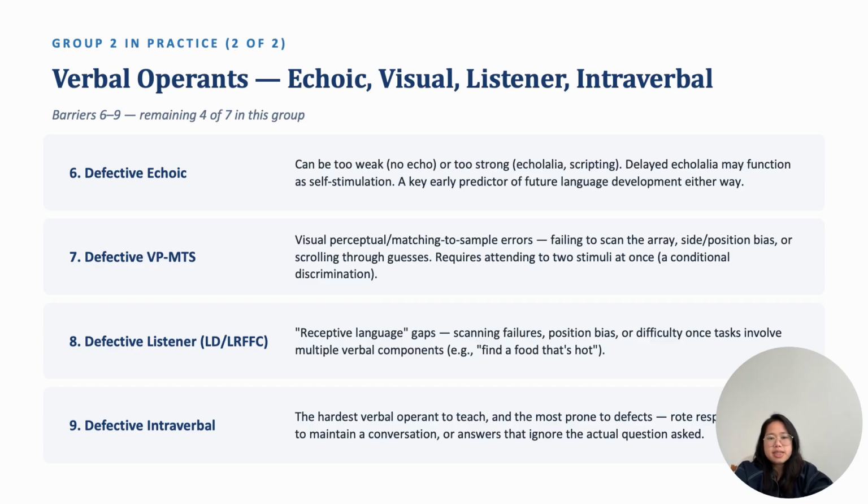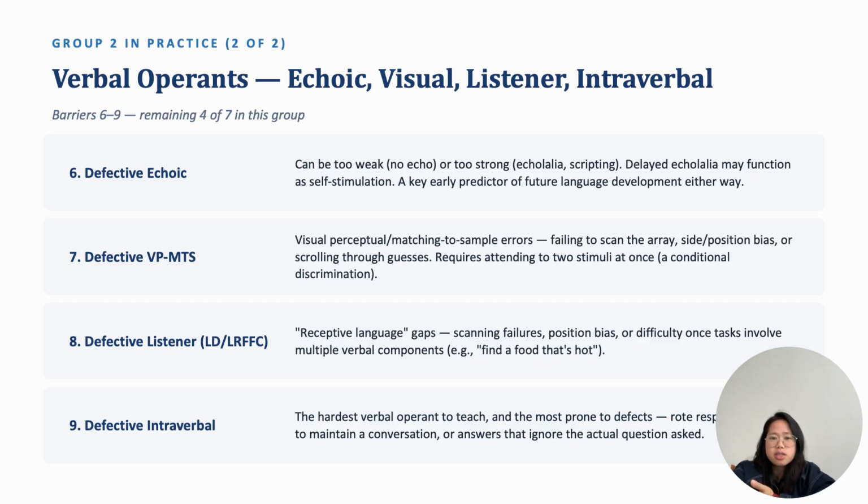And next is defective VPMTS, or visual performance skills and matching to sample. So this covers errors like failing to scan comparison array, developing a side or position bias, or scrolling. So guessing repeatedly until reinforcement happens to land. So it's a genuinely complex task because it requires attending to two stimuli at once.